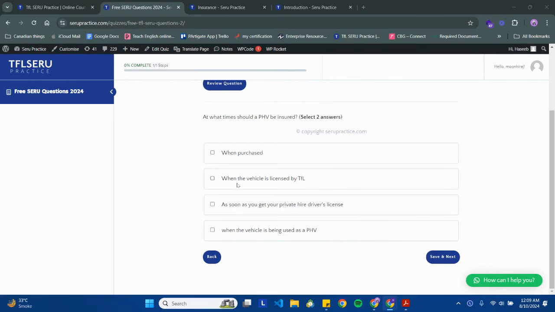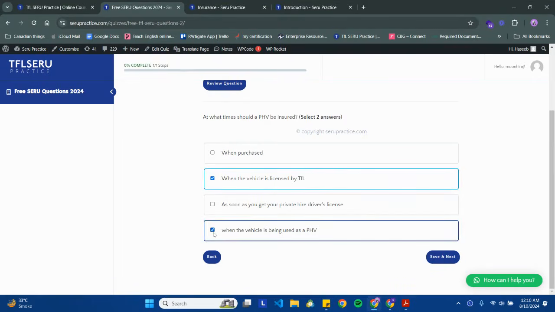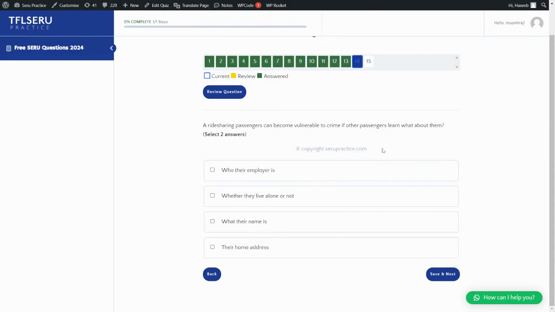So here the correct options are when the vehicle is licensed by TfL, and when the vehicle is being used as a PHV.